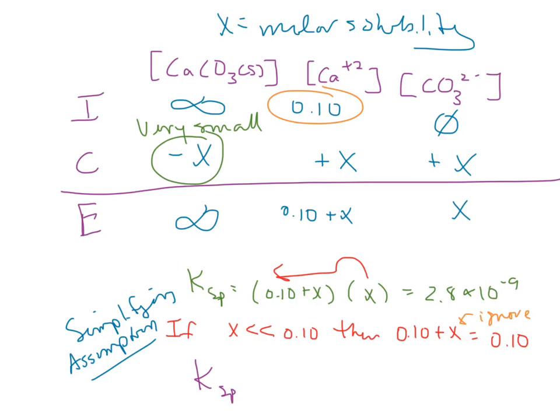Now your KSP, after applying the simplifying assumption, is what? 0.10 times X is equal to 2.8 times 10 to the negative 9th. Life just got a lot easier. I can almost do that one in my head. To solve for X, we divide both sides by 0.10. Okay, that's the simplifying assumption.